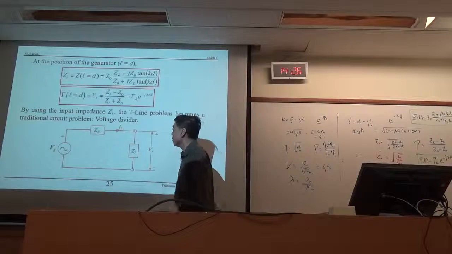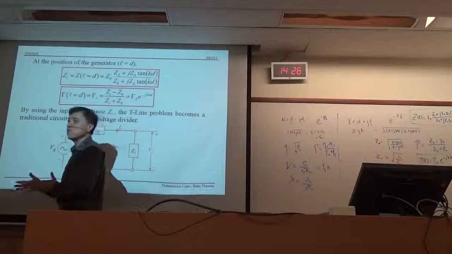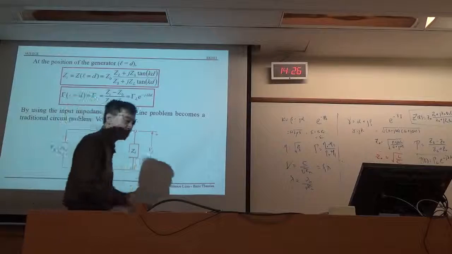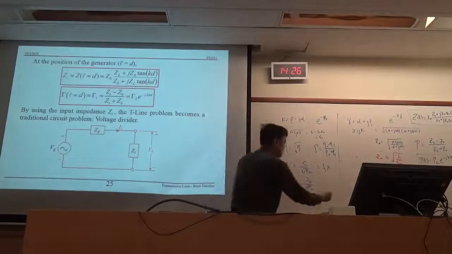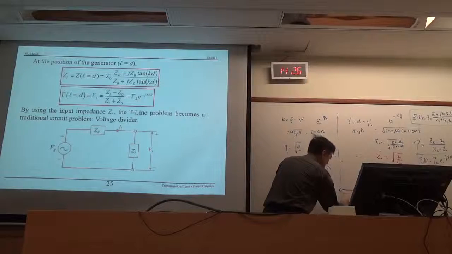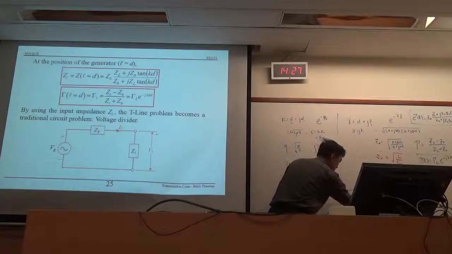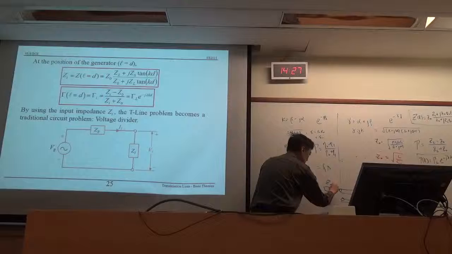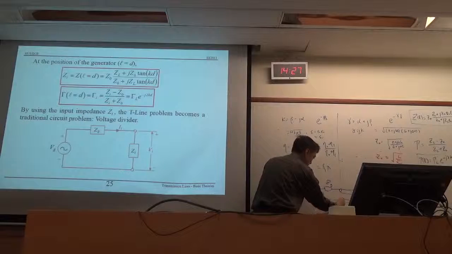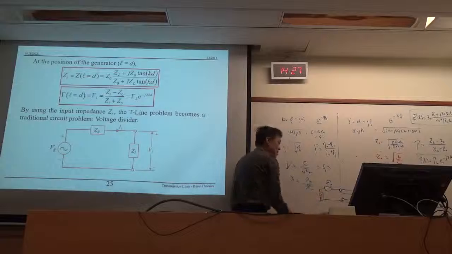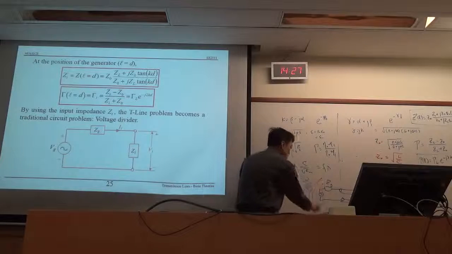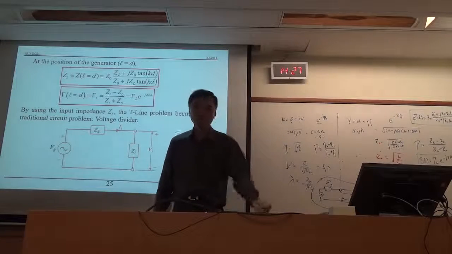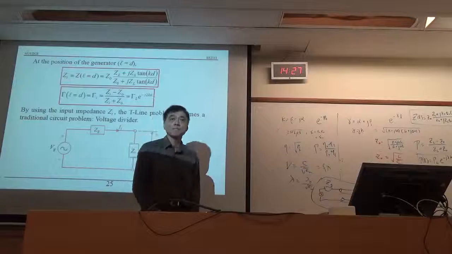Now, how do we normally analyze the transmission line problem? Let's say I have a transmission line with a load here, ZL, and the transmission line is supplied by a source and a source impedance. How do we normally analyze this kind of circuit?